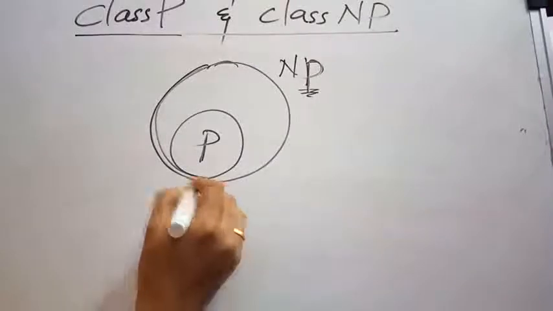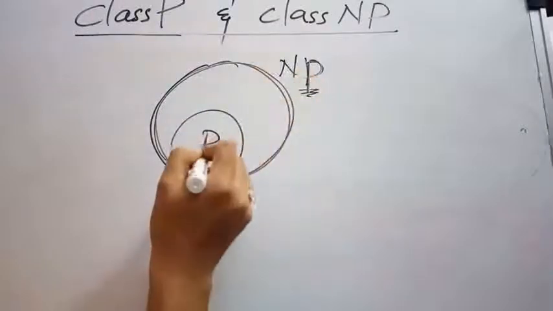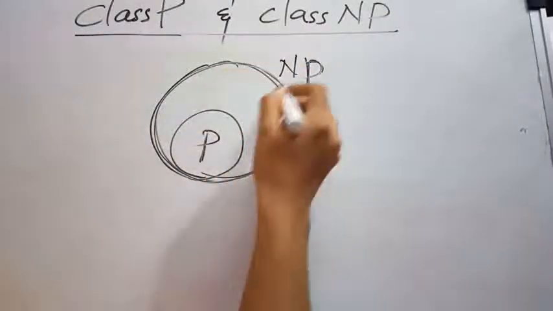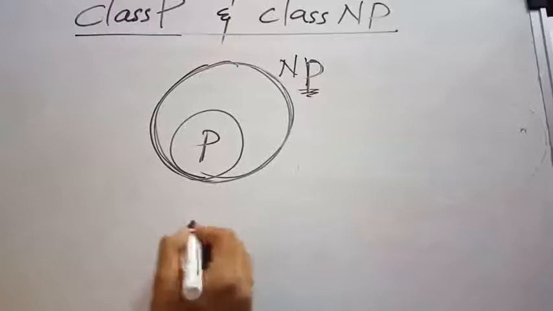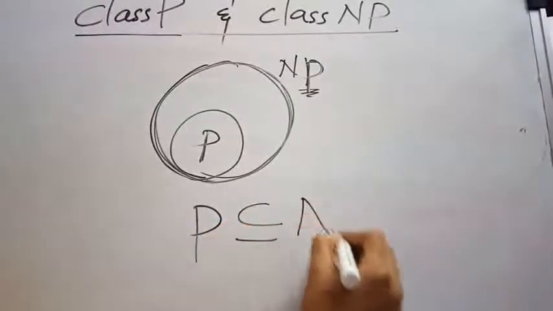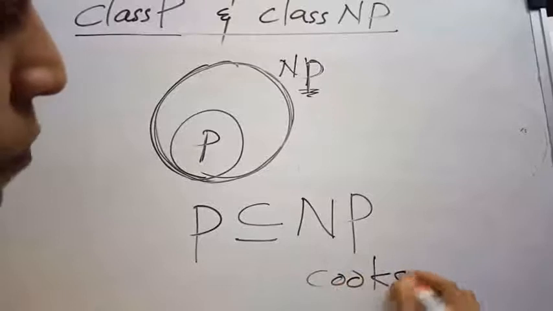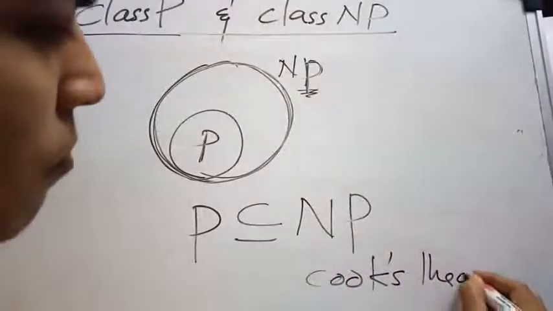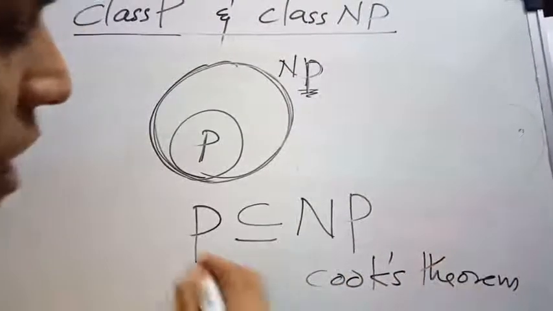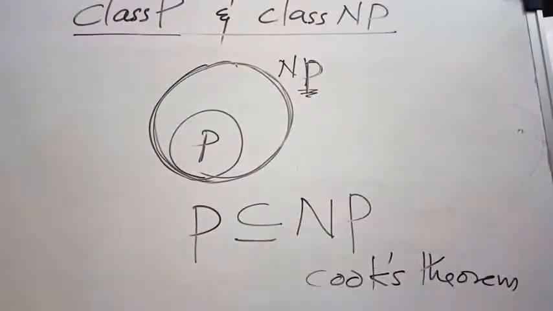So for these two reasons, we can include class P problems as a subset of NP, right? And it is also stated that P is a subset of, or equal to, NP. There is a famous theorem which says that P is a subset of NP, or equal to it.